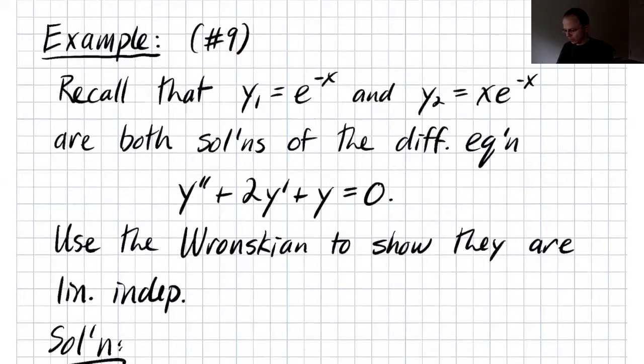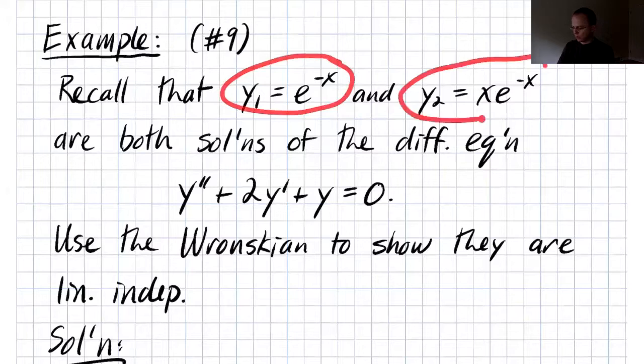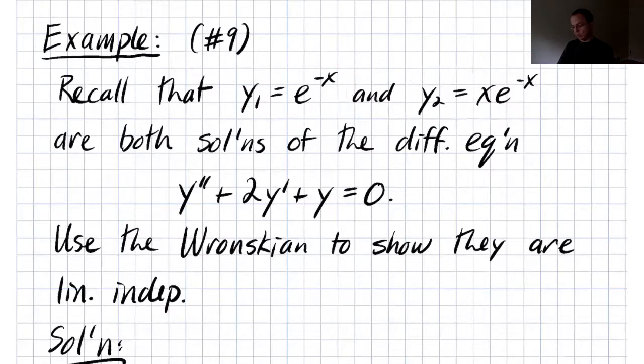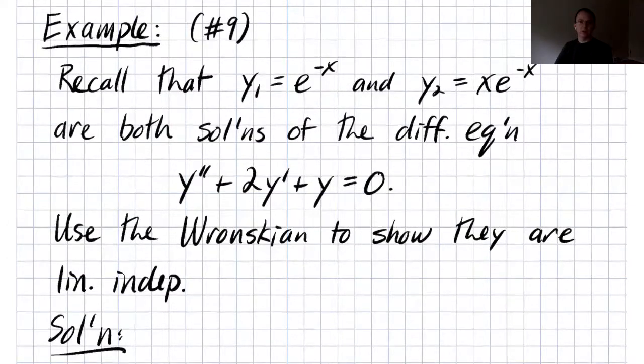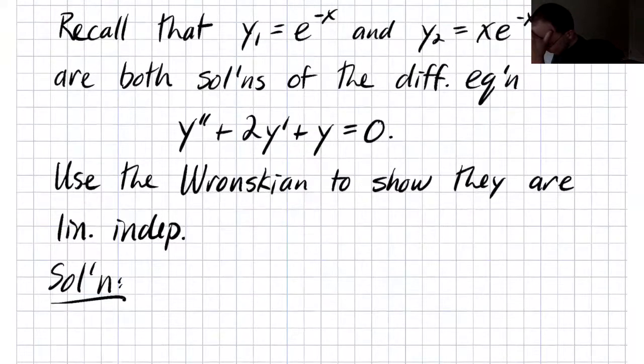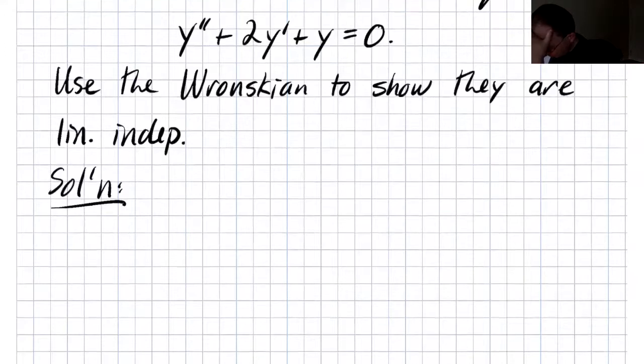Okay, so let's do an example where we use the Wronskian to show that these two solutions of the differential equation are linearly independent. So we want to compute their Wronskian.